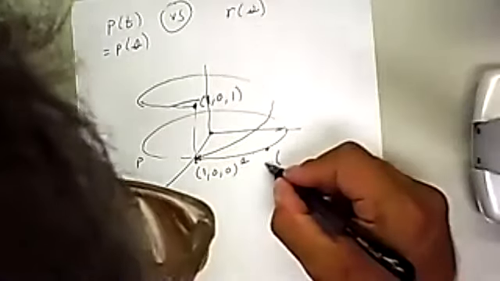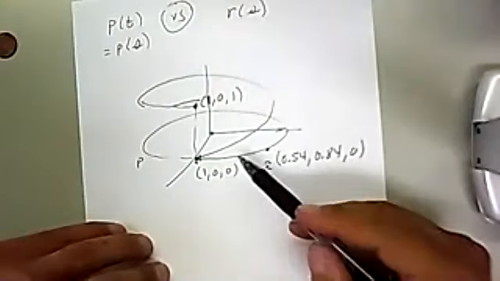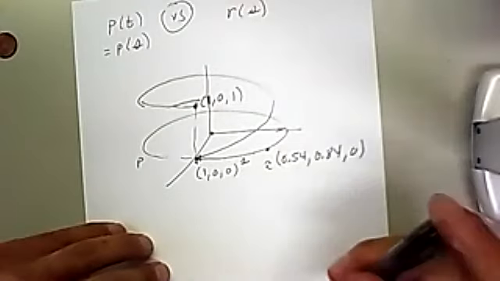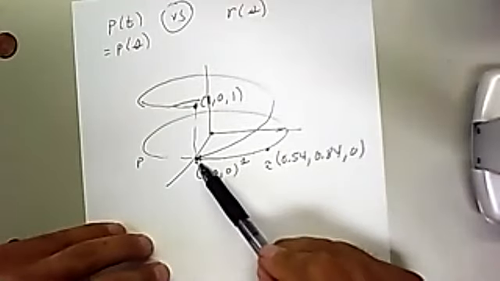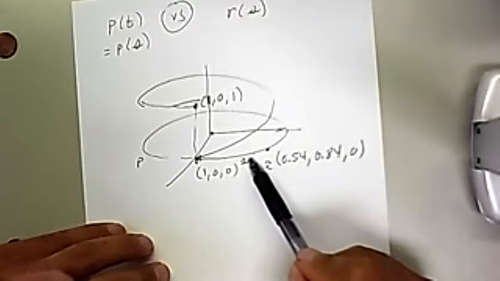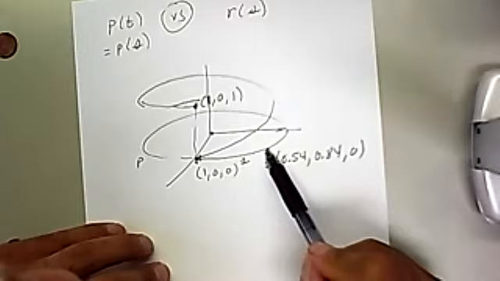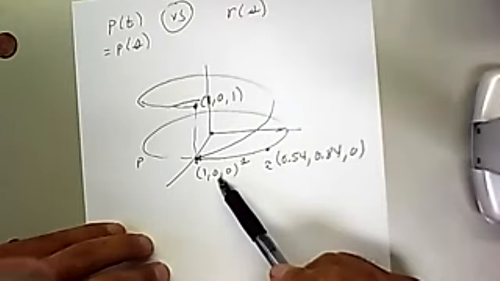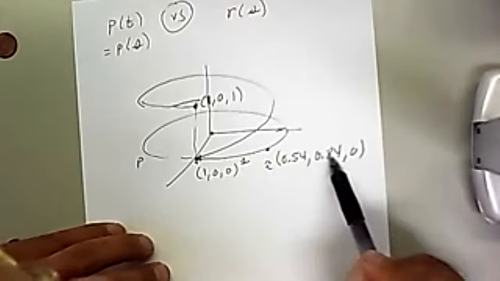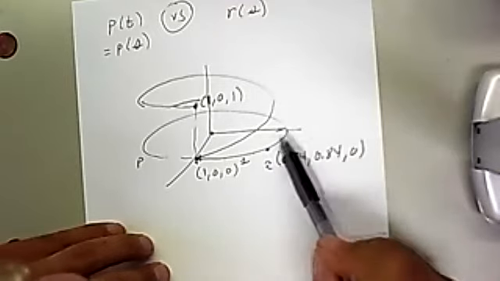So this point is approximately 0.54, 0.84, and 0. Now, initially, when we started out, the x value is 1. So as we moved on the curve, the x value is decreasing. Initially, the y value is 0, so as we move on the curve, that increases. So this is reasonably close to this point. Not too close, but reasonably close.